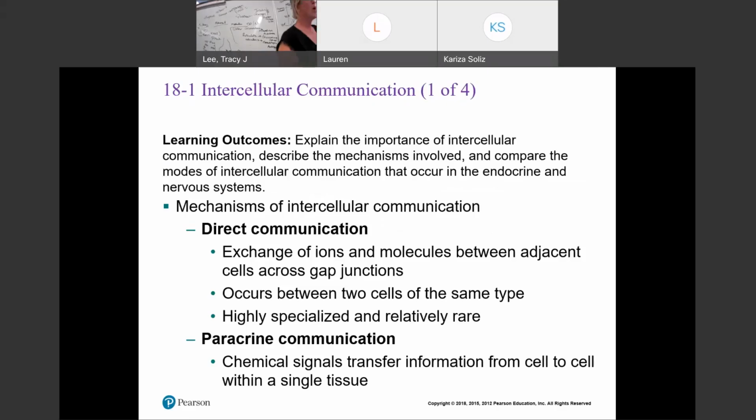All right, so with our signals, we can do direct communication. So one cell can talk directly to a neighboring cell, or we can have cells that indirectly talk. For example, the pituitary gland that says, hey, secrete thyroid stimulating hormone, is the hypothalamus who's bossing around the pituitary gland talking directly to the thyroid?